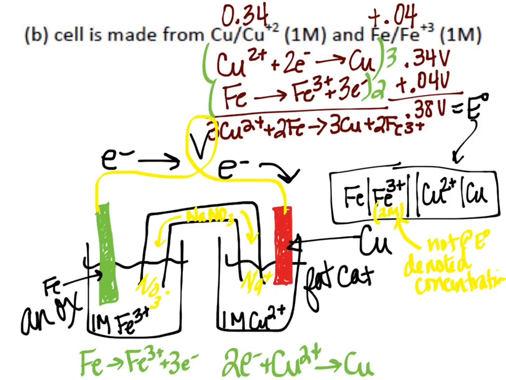And remember, these are voltaic cells. So in voltaic cells, the anode is negative.